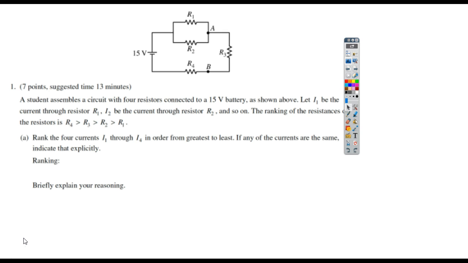And those 4 points come from first the correct ranking, and then you had to explain for this that the resistors in series have the same current. So we did that. You get a 3rd point for saying that I1 and I2 must be smaller than I3 and I4. And then finally you get another point for explaining why I1 is bigger than I2. So 7 points altogether on that one, and that's how you get those points.